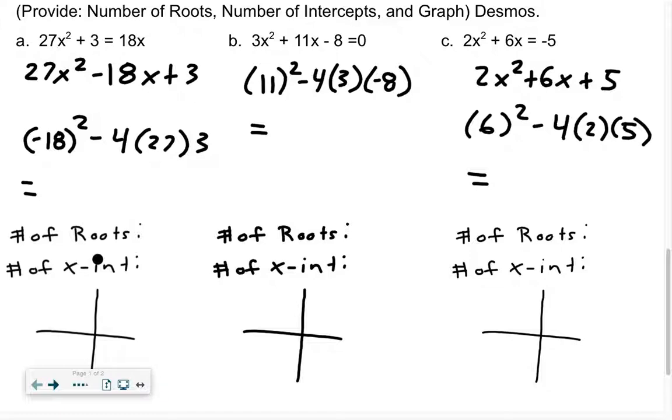So 1, 2, 3. What are we doing? It's the same thing. 6x. So we're gonna transform them. Oh, got it.